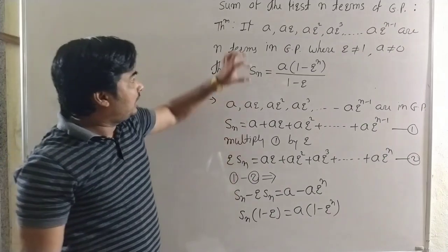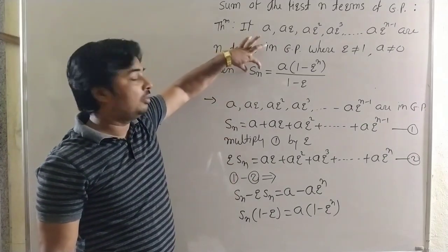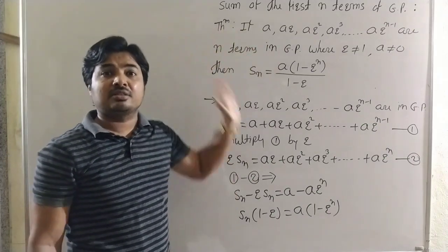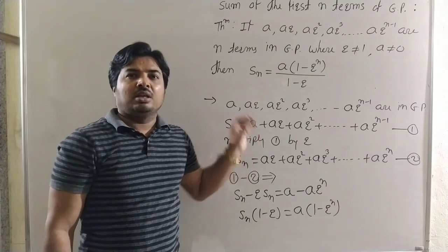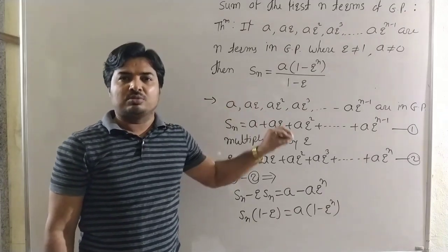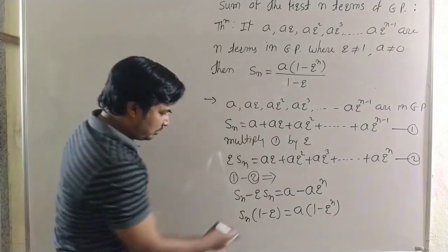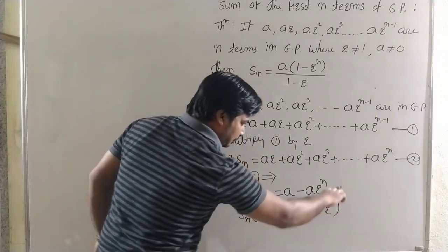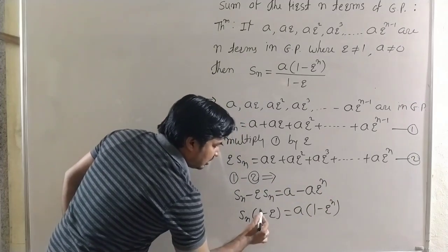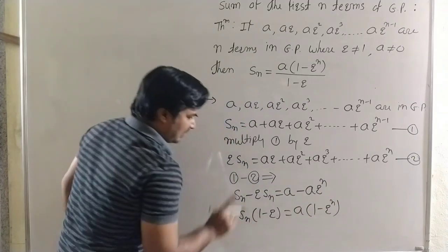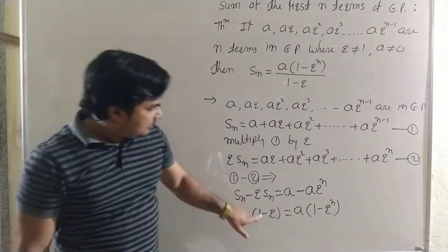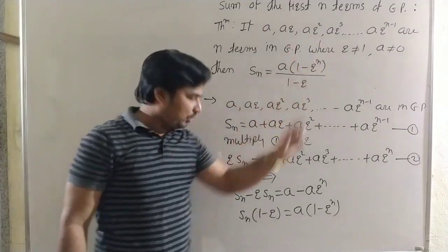Now we want to find the value of this Sn, that is the sum of the first n terms. So this 1 minus R we take to the other side in division, and here we know that R is not equal to 1.